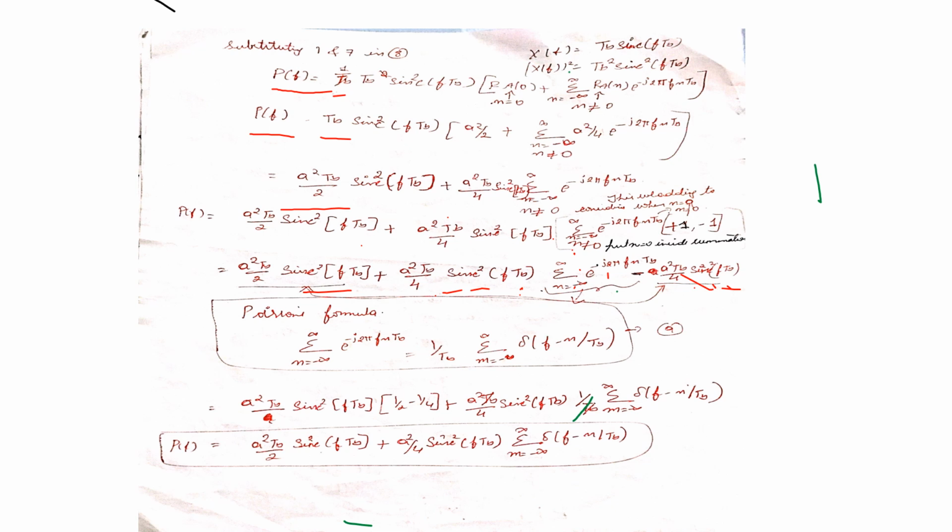So now using Poisson's formula, e to the power of minus j 2 pi f n T_b can be written as 1 by T_b with the help of the delta function.